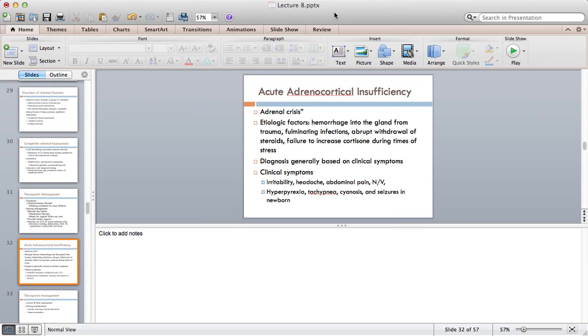You will recall that a patient taking steroids, for example, the patient with asthma that we put on steroid, or the patient with nephrotic syndrome that we put on steroid, when they're going to discontinue the steroid, they taper the steroid down.